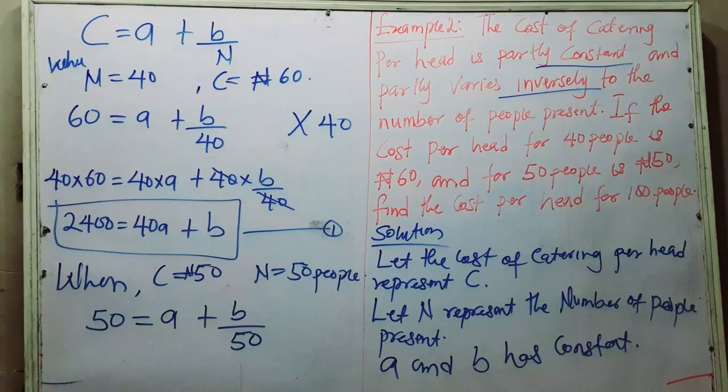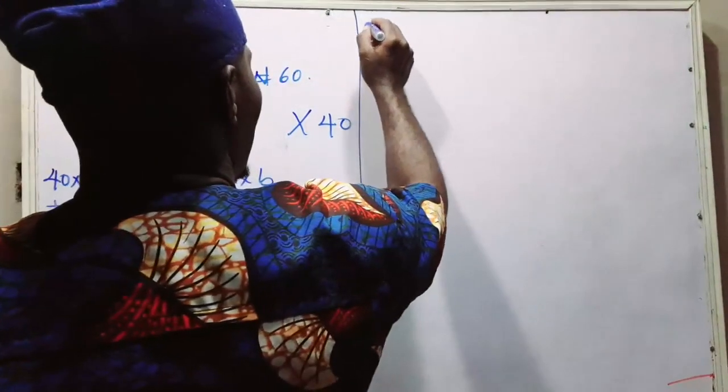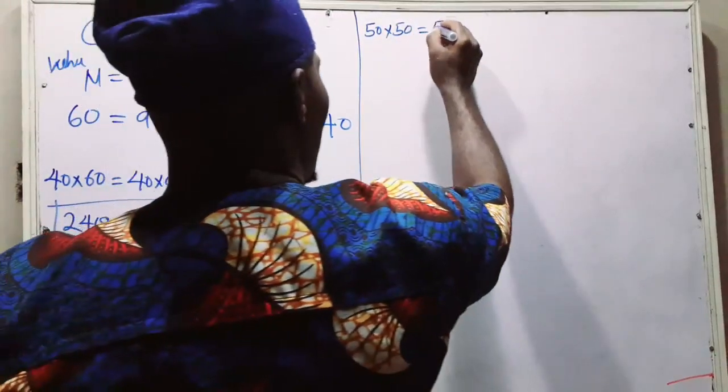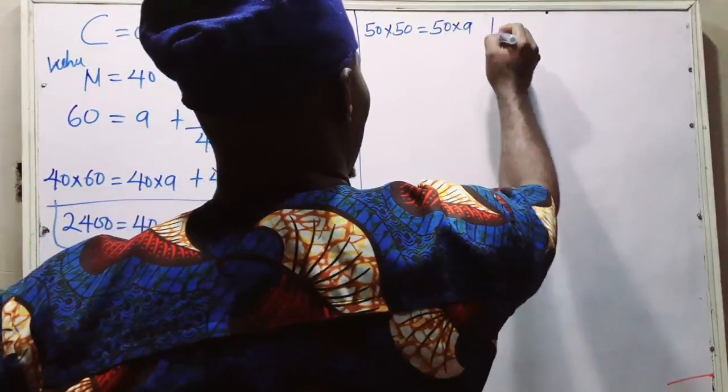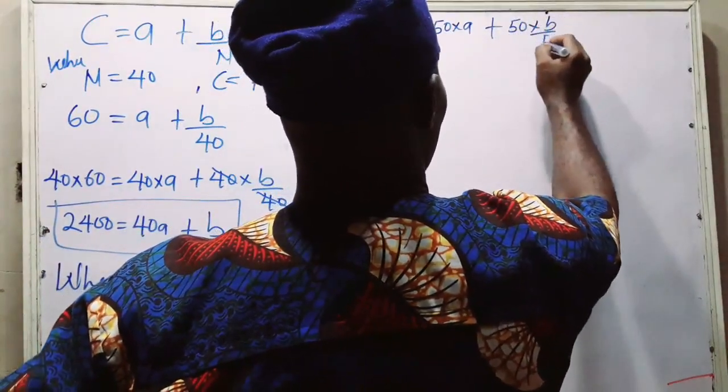So let's turn this equation again to linear form. We have 50 times 50 is equal to 50 times A plus 50 times B over 50.